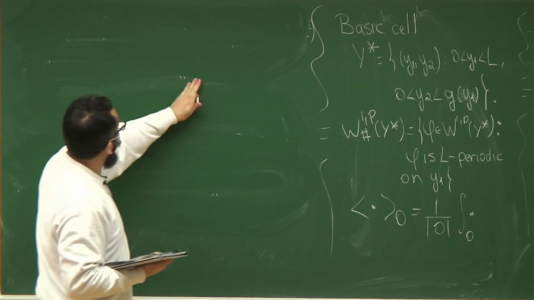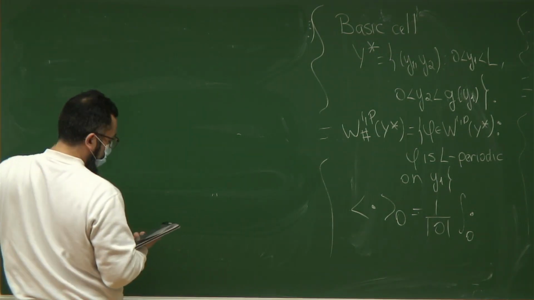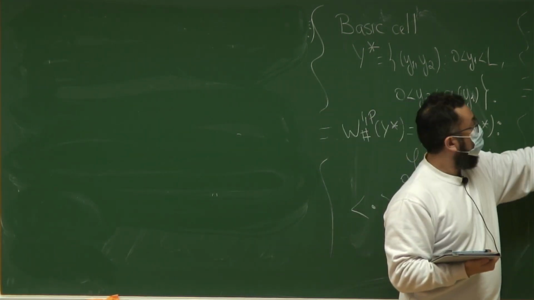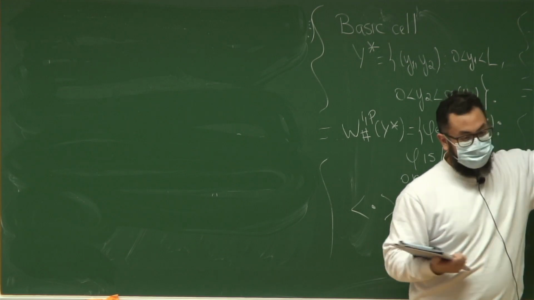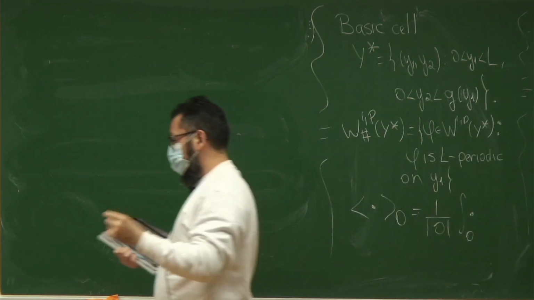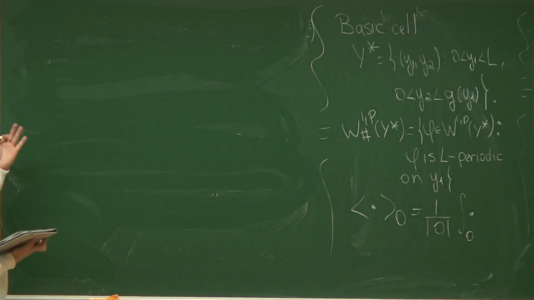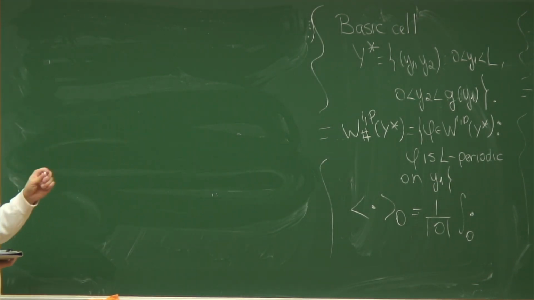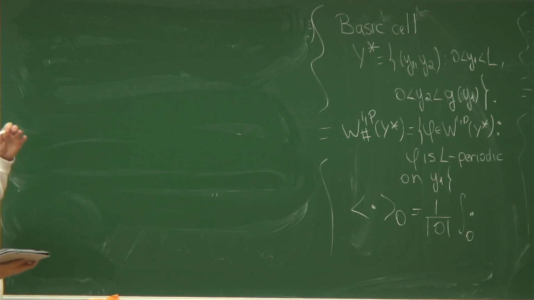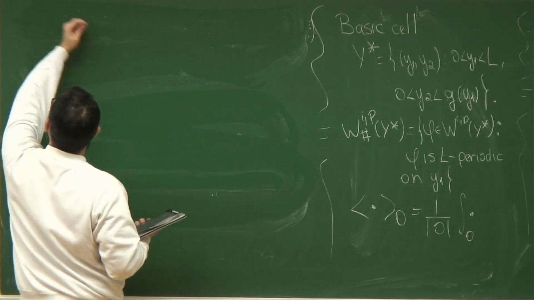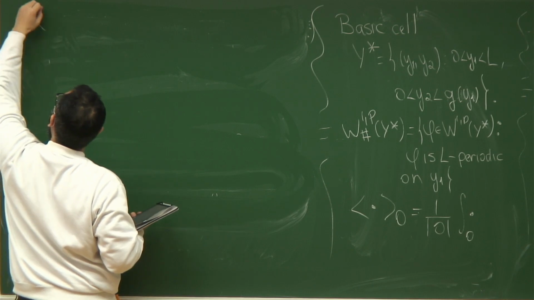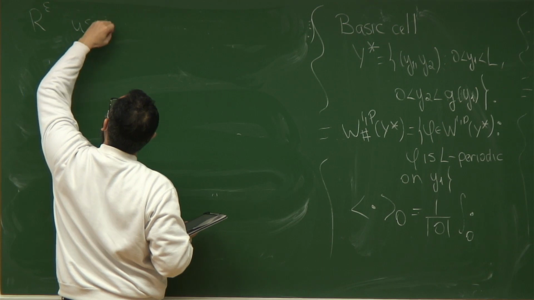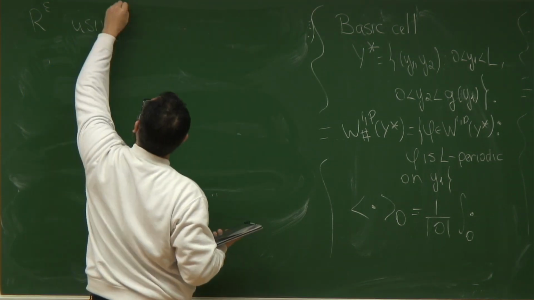As I was saying, if we have functions like this, or functions that are periodic and depend on the first variable oscillating, we have some things to present. For example, how can we generate our R epsilon using the basic cell?